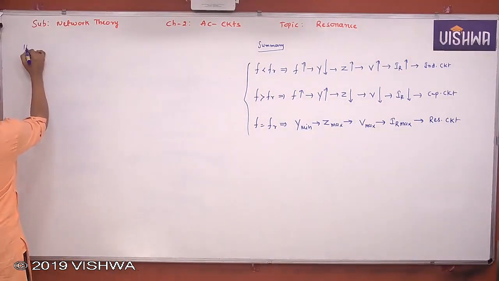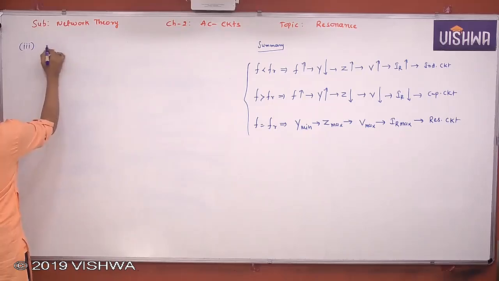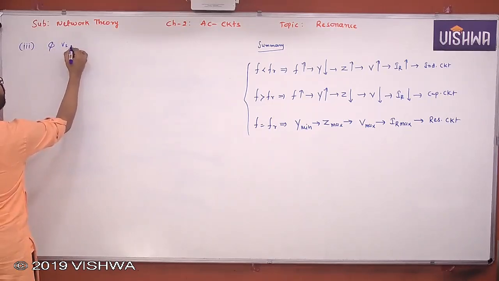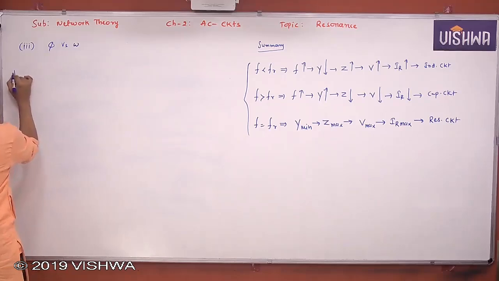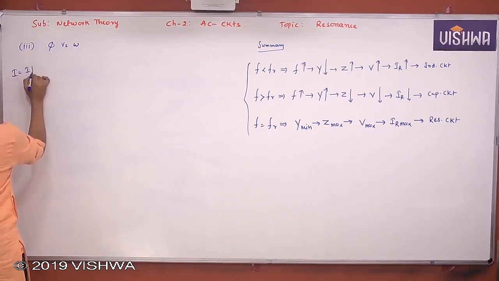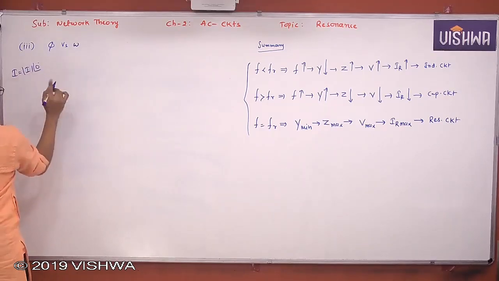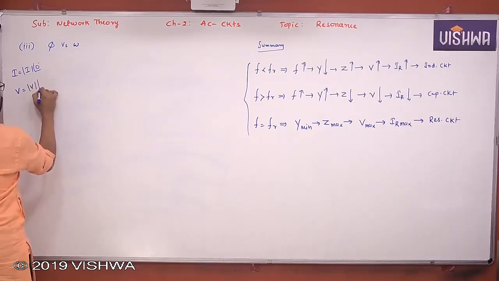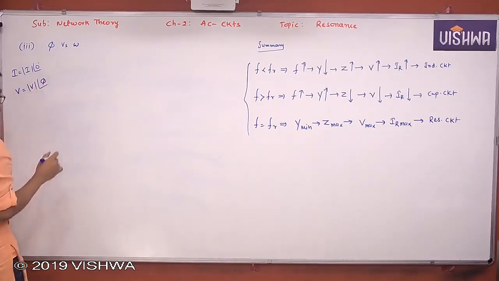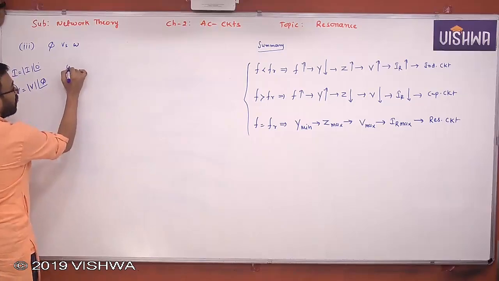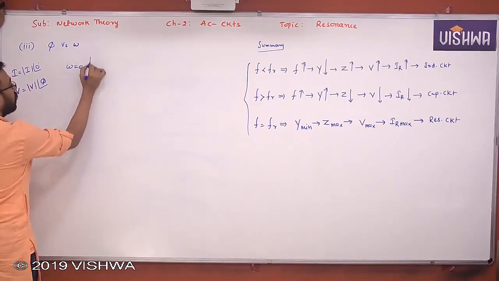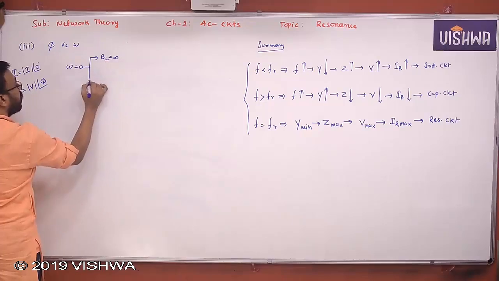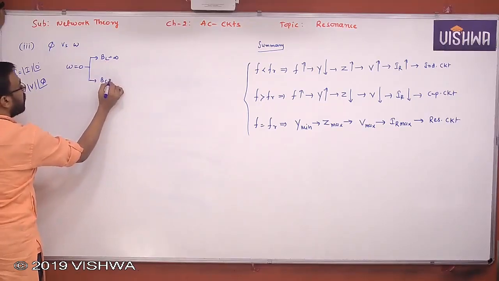Third characteristics: angle phi versus omega. I told you already to take I is equal to I at angle of 0 to compare both series and parallel circuits. Angle phi: when omega is 0, BL is infinity, BC is 0.